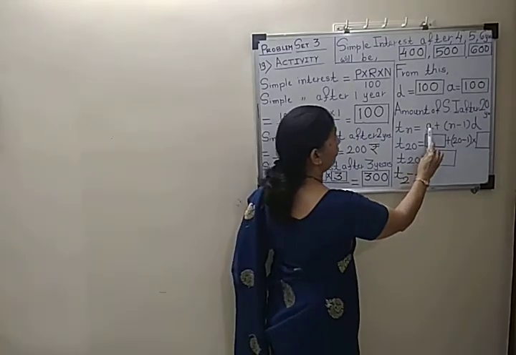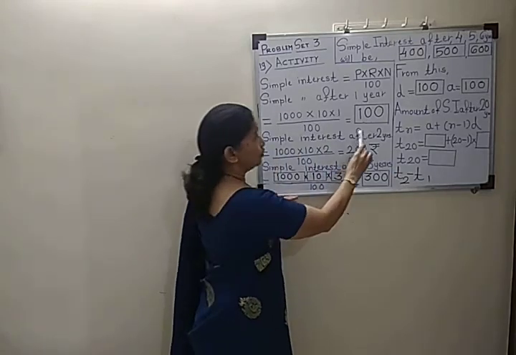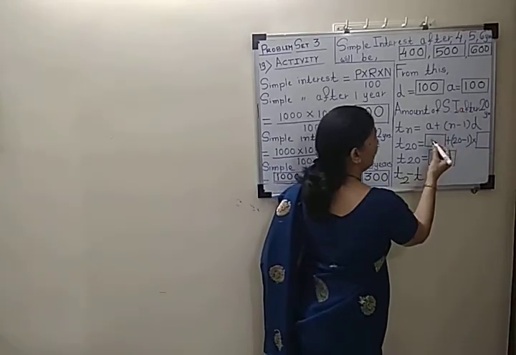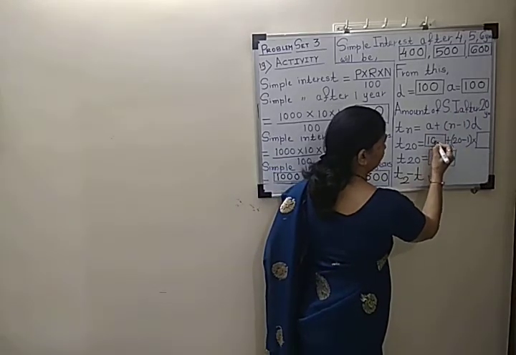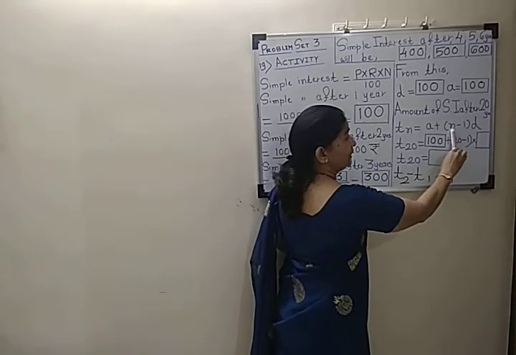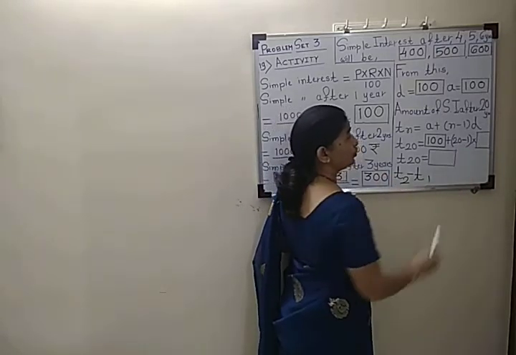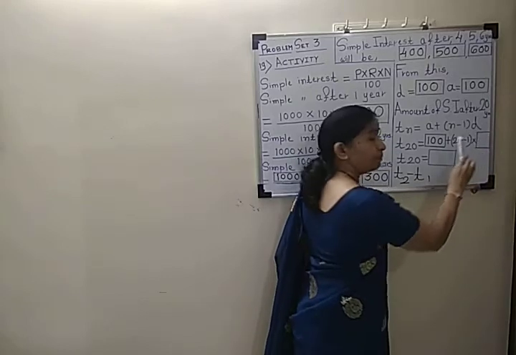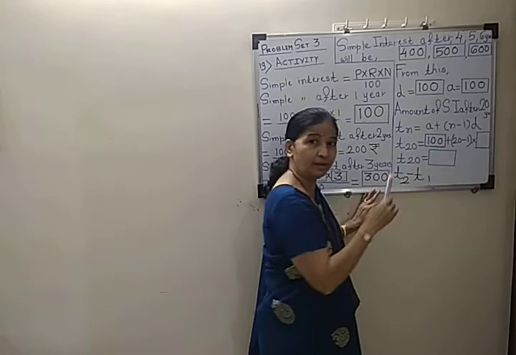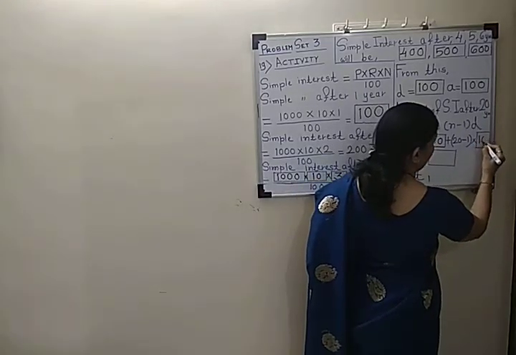Is equal to, in place of A, T1, so may I write 100, plus in place of N I wrote 20 minus 1, in place of D, common difference, should I write 100? So I wrote here again 100.